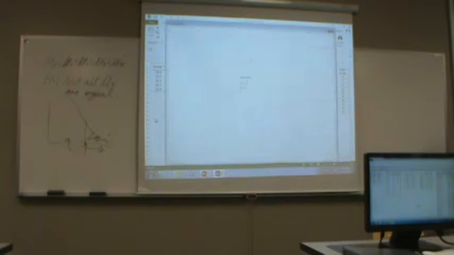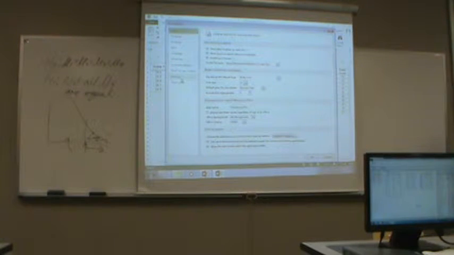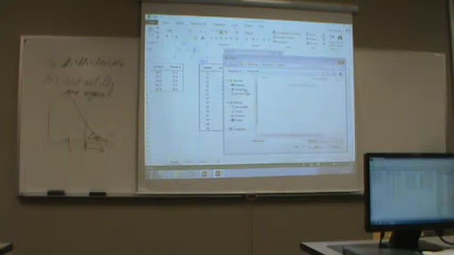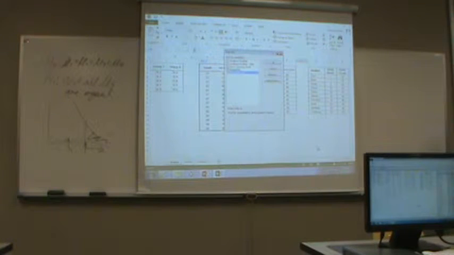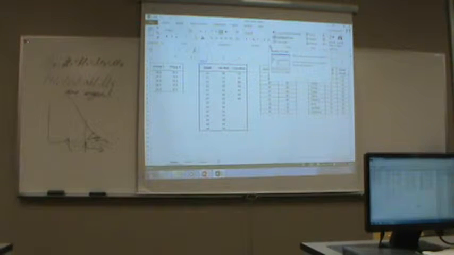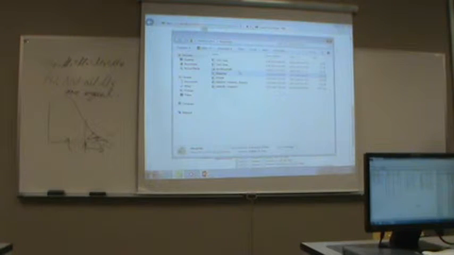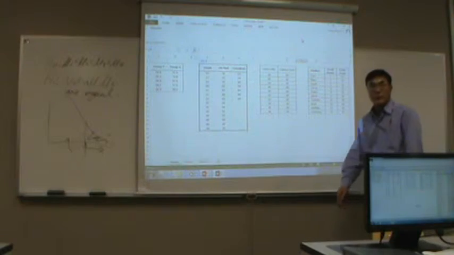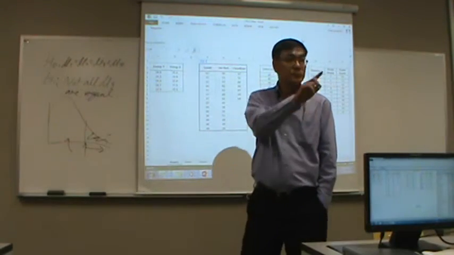Option, go, browse. If you cannot see, then change to all files. Then okay. Okay, MegaStat available.